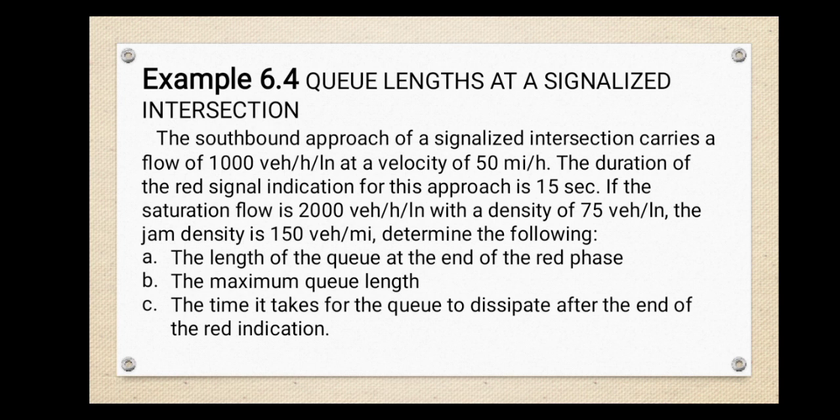If the saturation flow is 2,000 vehicles per hour with a density of 75 vehicles, the jam density is 150 vehicles per mile. Determine the following: the length of the Q at the end of the red phase, the maximum Q length, and the time it takes for the Q to dissipate after the end of the red indication.